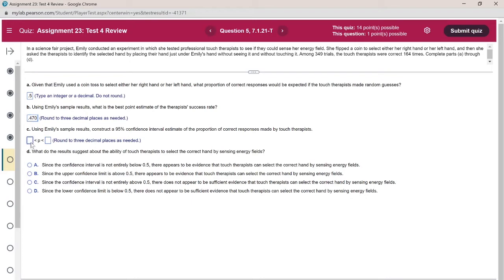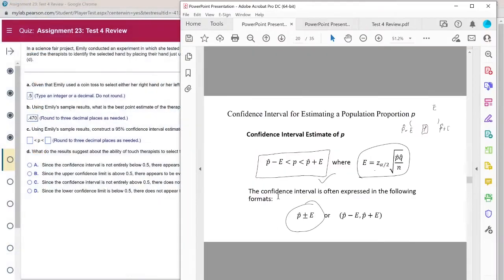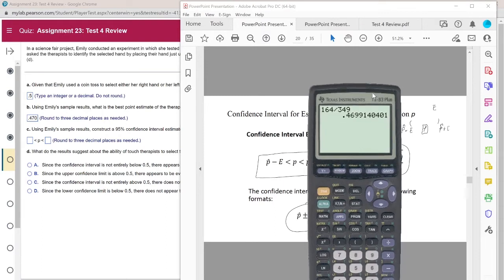And we can find the confidence interval the way we found it in the previous two problems, the very same idea. You need to find the margin of error, E, by using this formula. So I'm going to repeat the very same thing here.